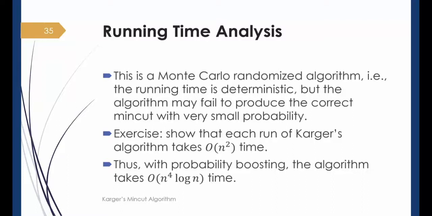You have to be a bit careful about this, but it is not hard at all. And if each execution takes order n squared time, and we are going to repeat this something like c n choose 2 times log n times, therefore the total running time ends up being O of n to the 4 times log n. So this is the running time.